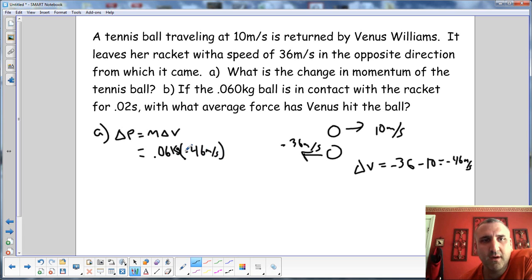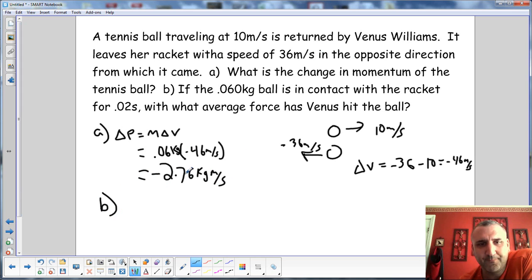For letter B, if the 0.06 kilogram ball is in contact with the racket for 0.02 seconds, what's the average force? Now we're going to use the equation F delta t equals m delta v. This m delta v is the same as the one before, so we know that's negative 2.76.